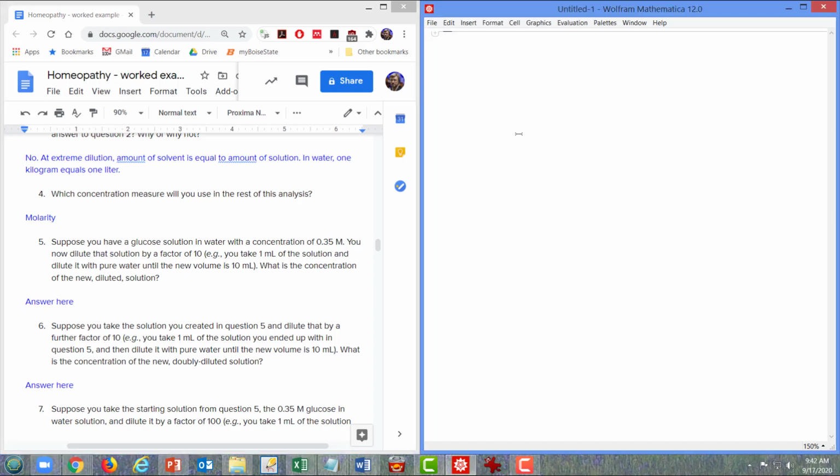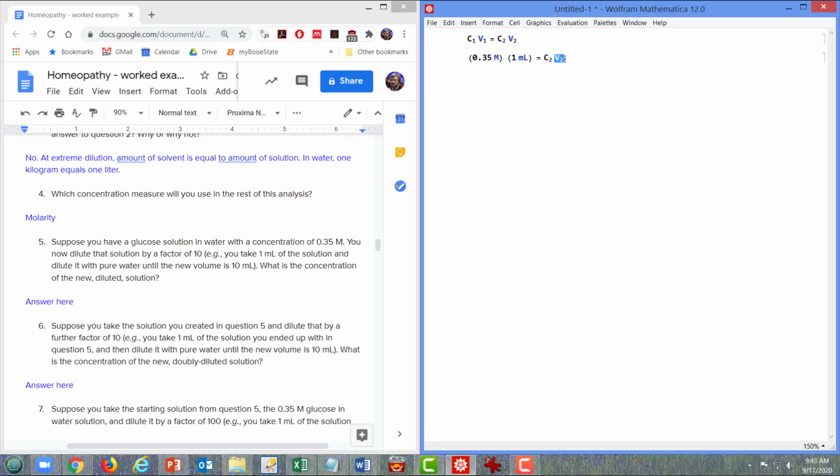So when we do dilution problems, our equation is C1 V1 equals C2 V2. Okay. So our C1 is going to be 0.35 molar. Our V1 is going to be 1 milliliter.